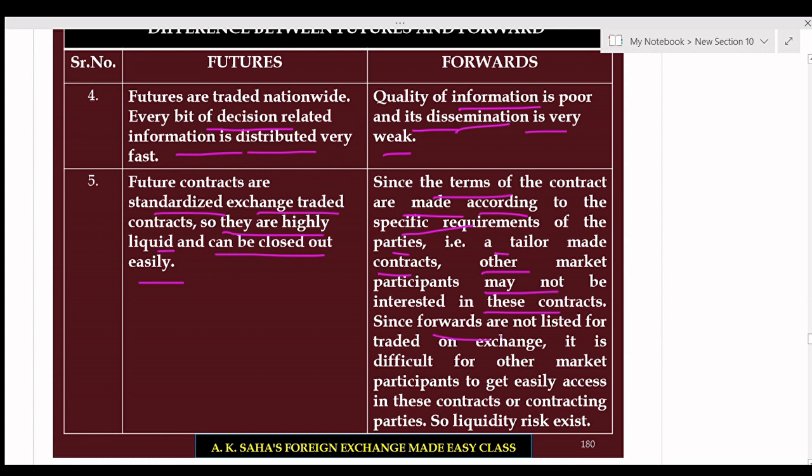Since forwards are not listed or traded on an exchange, it is difficult for other market participants to get easy access to these contracts or contracting parties. So liquidity risks exist.